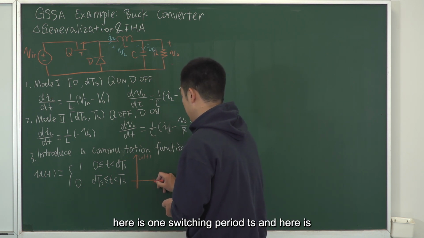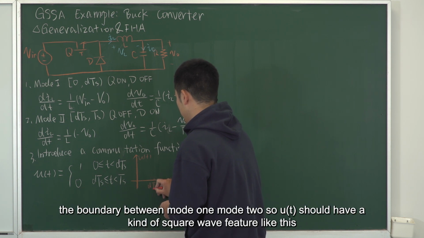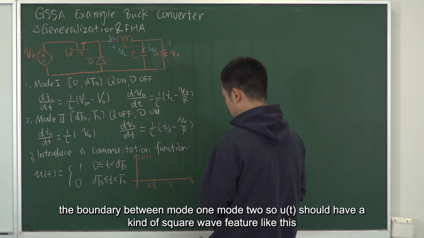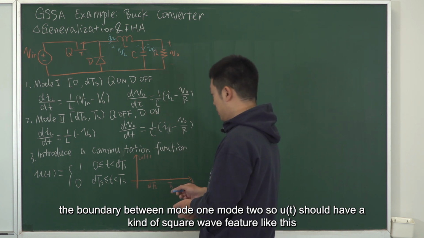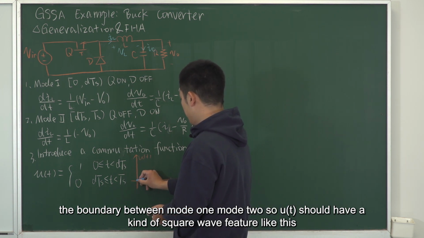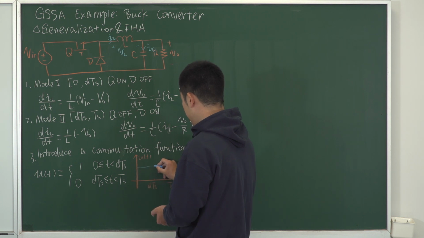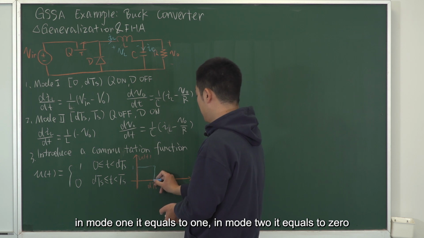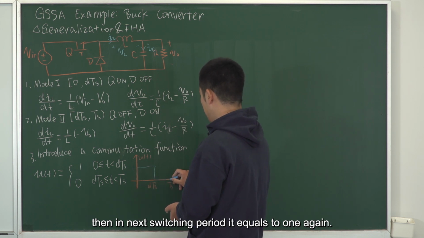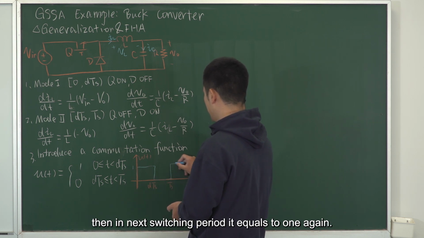And here's the boundary between mode 1 and mode 2. So u(t) should have a kind of square wave feature like this. In mode 1, it equals 1. Mode 2, it equals 0. Then next switching period it equals 1 again.